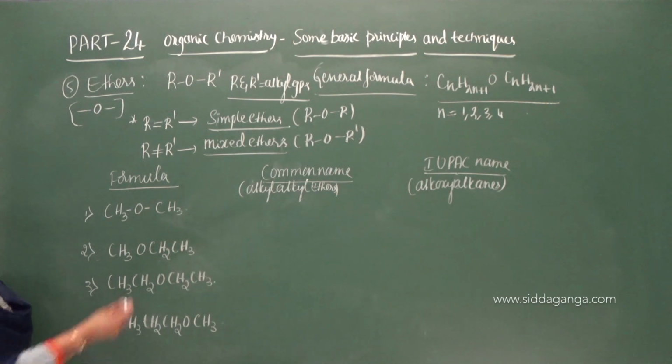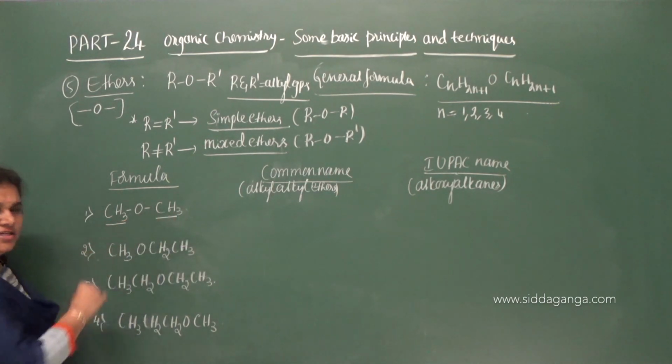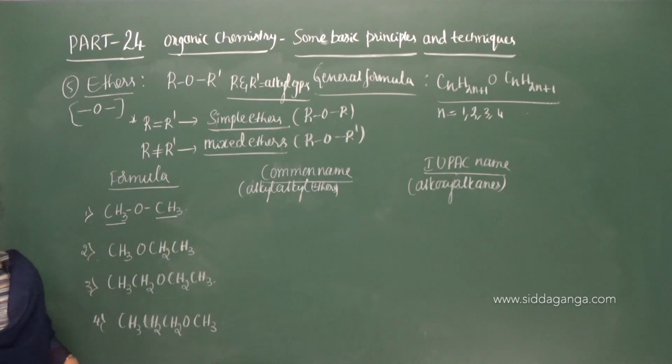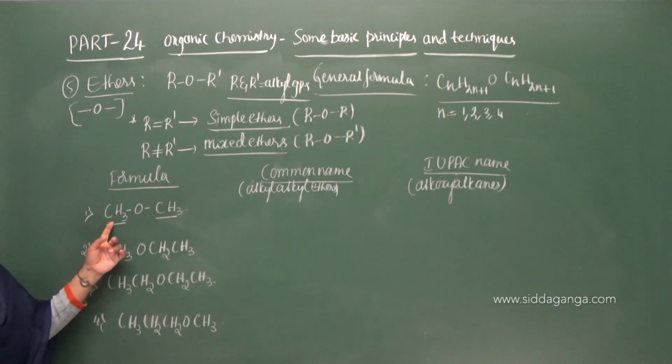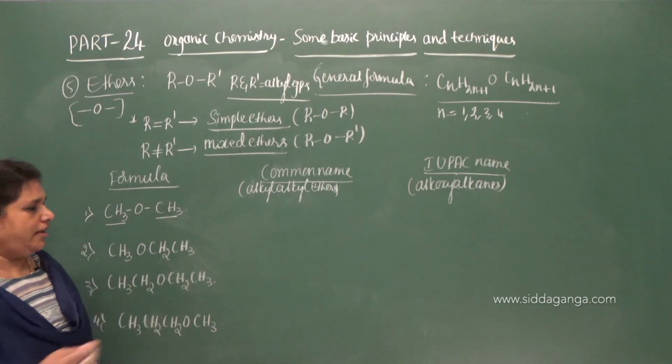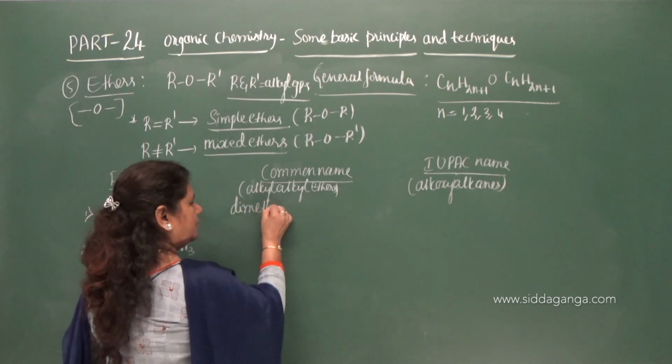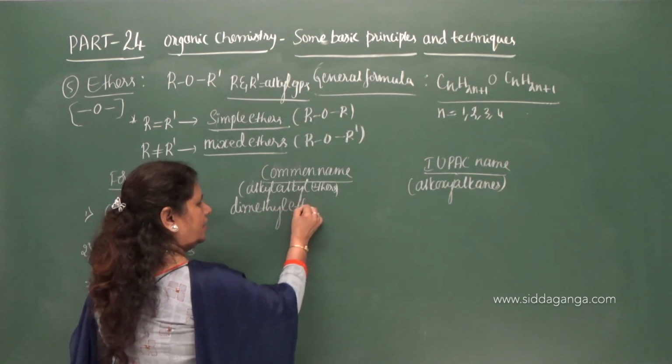Now look at the alkyl groups on either side. Both are methyl groups, therefore it is a simple ether. Both the alkyl groups are the same. The name of the 2 alkyl groups, methyl and methyl, and hence the name will be dimethyl ether.